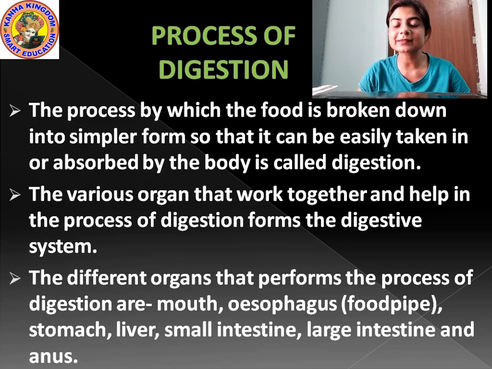The different organs that perform the process of digestion are the mouth, esophagus or food pipe, then stomach, liver, small intestine, large intestine and anus. These are the main organs that perform the process of digestion. Understood?